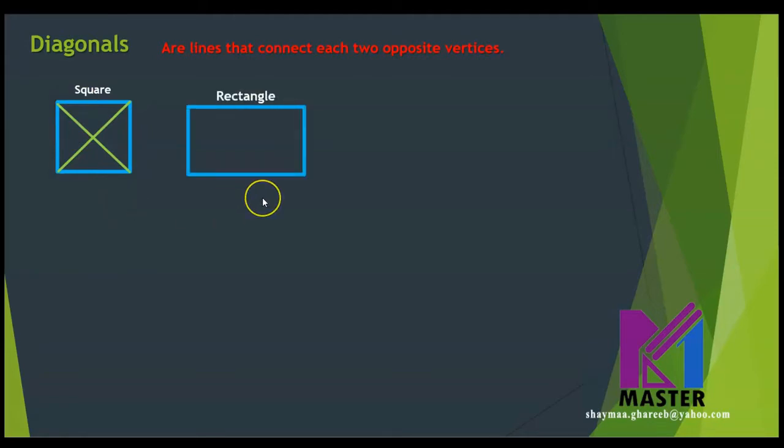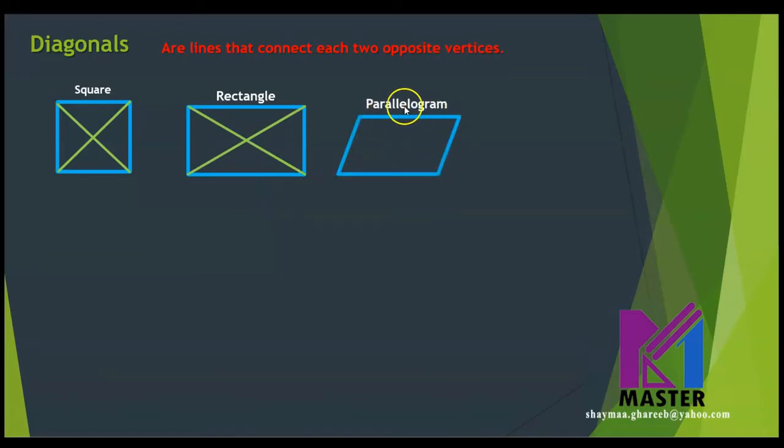What about the rectangle? We can connect the opposite corners to find out how many diagonals does it have. It has 2 diagonals. And what about the parallelogram? 2 opposite vertices. So we'll be having 2 diagonals as well.